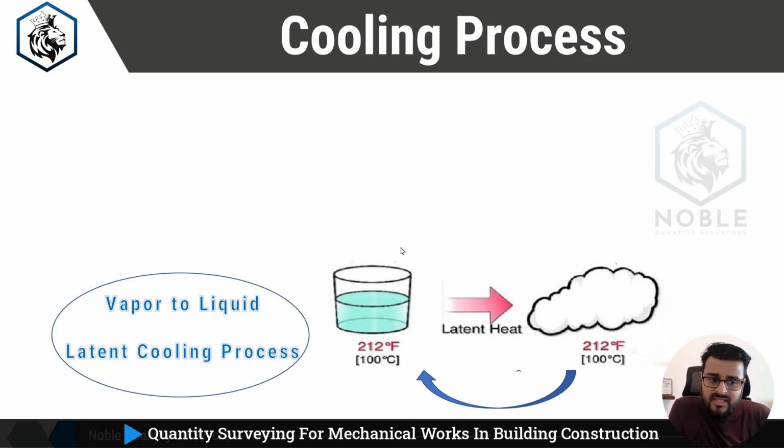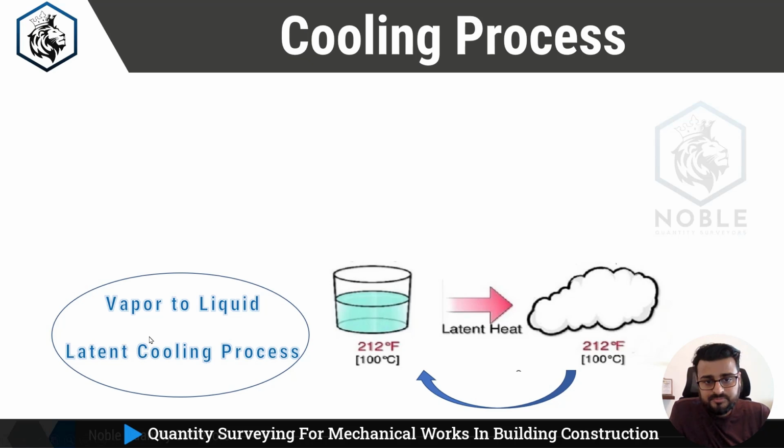That is known as the latent cooling process. Liquid to vapor was a latent heating process. When we are condensing a vapor to a liquid, that is known as the latent cooling process.